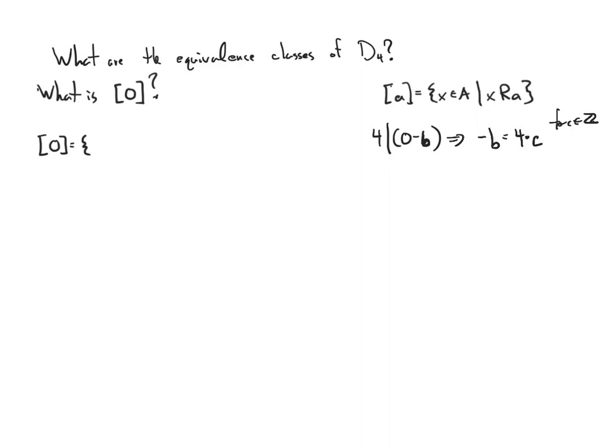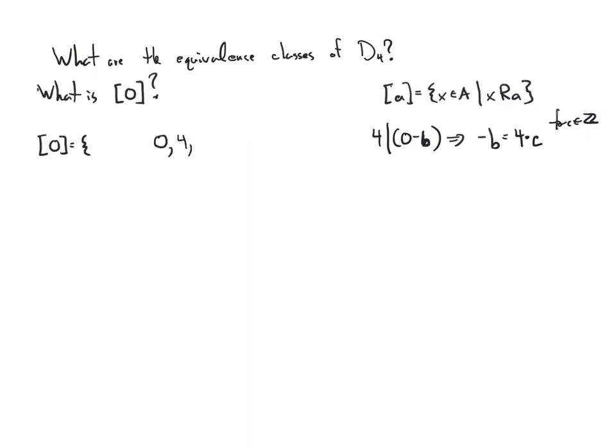So, what numbers are in here? Well, 0 is definitely related to itself. 0 minus 0 is 0, and 4 times 0 is 0. And if we think about it, any number that we put in here is going to give us a multiple of 4. So b is just going to be all the multiples of 4.